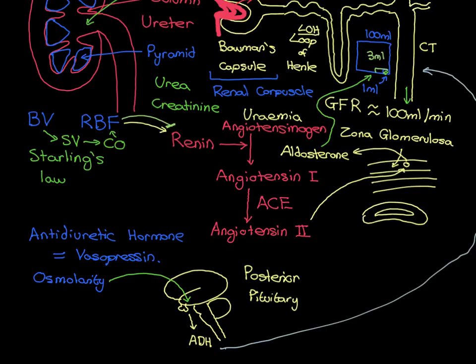So if osmolarity goes up, the hypothalamus is going to tell the posterior pituitary to increase the amount of ADH that it's secreting from the basal level, and ADH is going to act on the nephrons, and it's going to tell the nephrons that they need to make the concentration of the electrolytes in the fraction of the glomerular filtrate that is going to become urine higher.